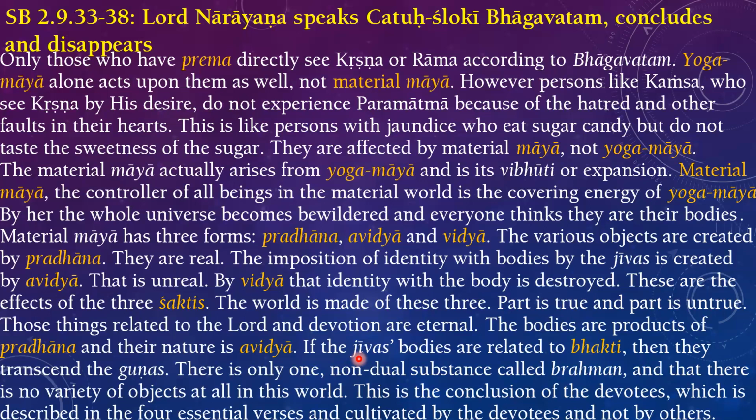Paramatma is like the sun. Jivatma is like a single individual sun ray. Both are light only, but this is a limited light, and there is unlimited light. That's why it is said like that. So like that.